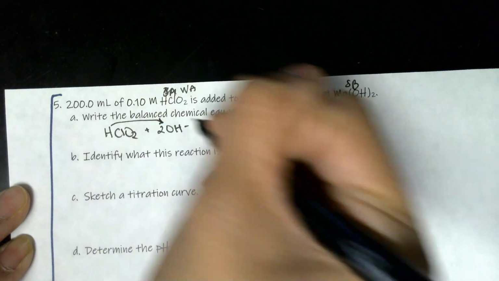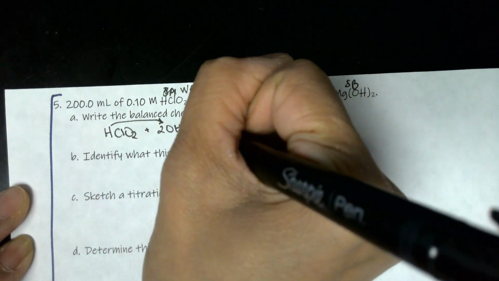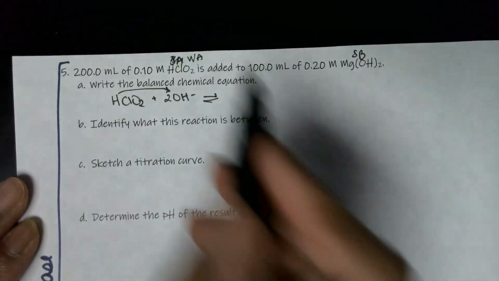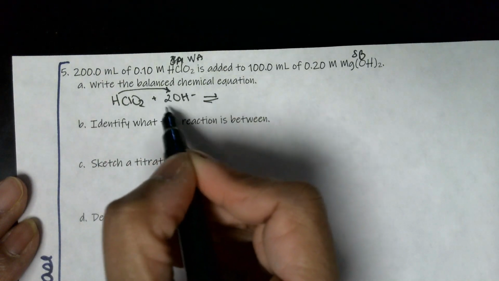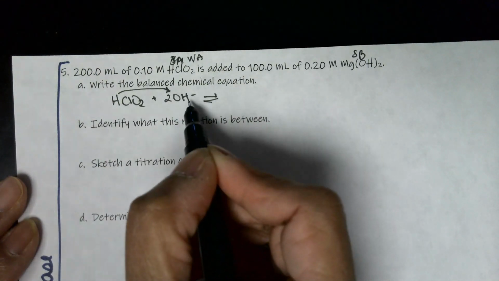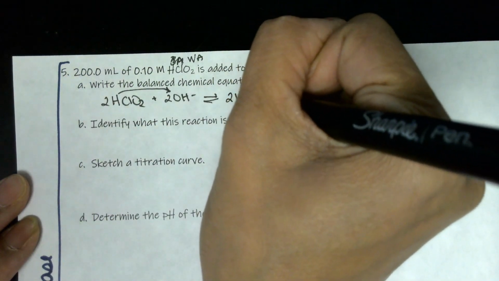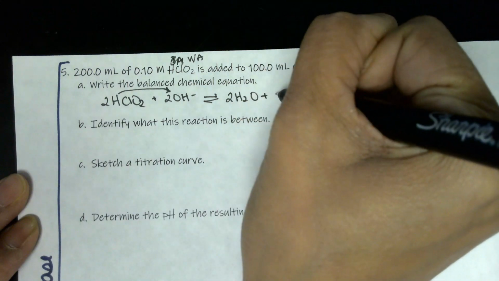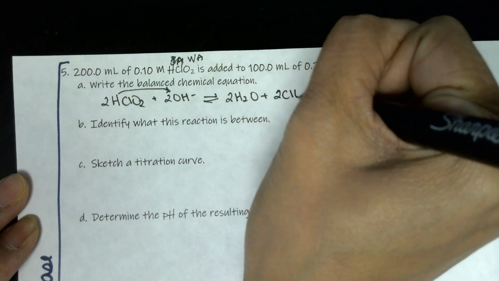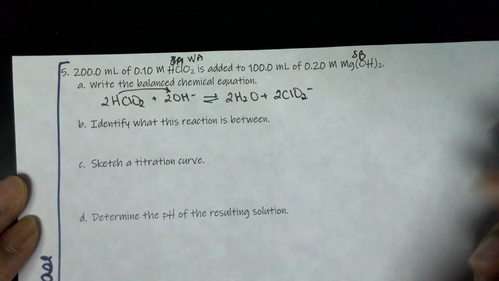That H is going to go there. But knowing that I need 1 H for every 1 OH, I have 2 OHs, so I should have 2 of those. So at the end, I have 2 waters plus 2 ClO2 minus 1s.